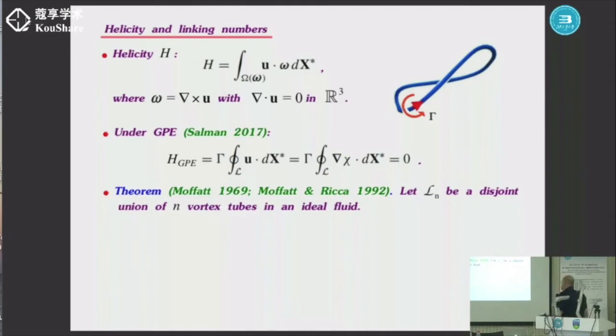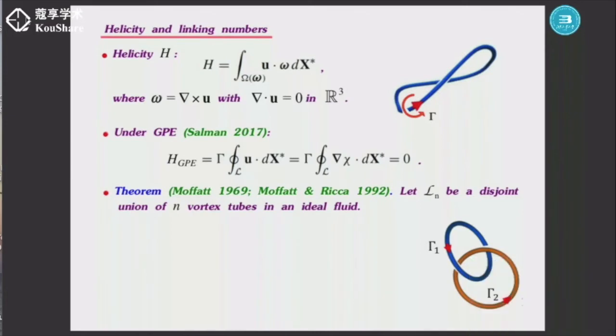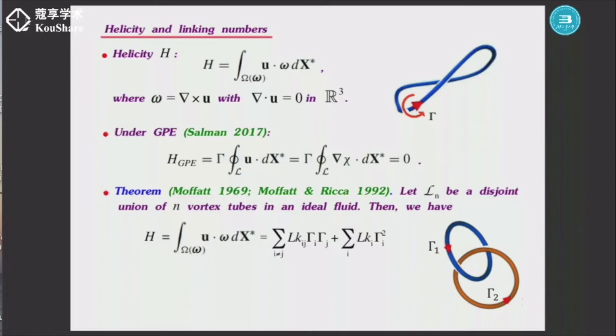We can rely on this result of Moffatt in 1969, later extended: if we have a number of nodal lines, in the case of a classical fluid, vortices that are linked or knotted in an ideal fluid, possibly with different circulations in more general cases, then the classical helicity is just given by the linking numbers.